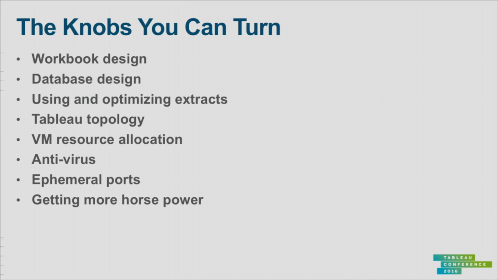We also can look at VM resource allocation. Most enterprise users that I've encountered are on VMware, and so we want to have the optimal settings there for performance and speed. We also want to talk a little bit about if you have antivirus on your system. We also want to talk about opening up some ephemeral ports on Windows Server. And the last thing we're going to talk about is sometimes getting a little bit more horsepower.